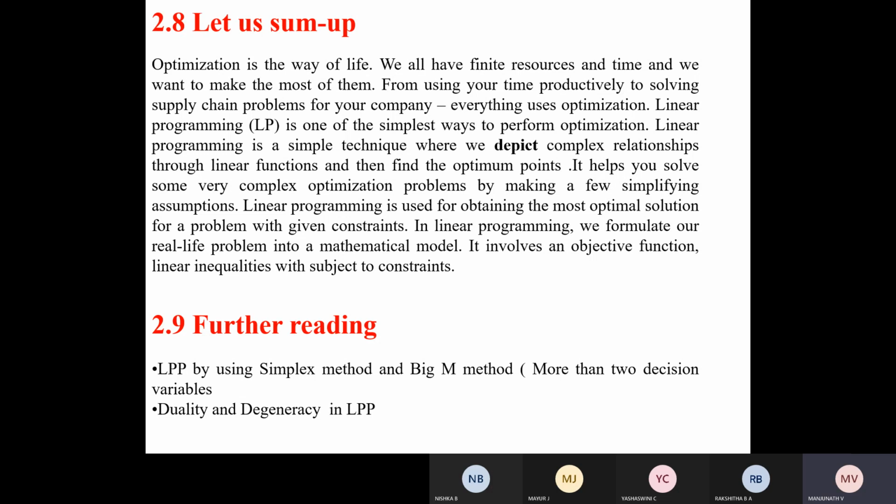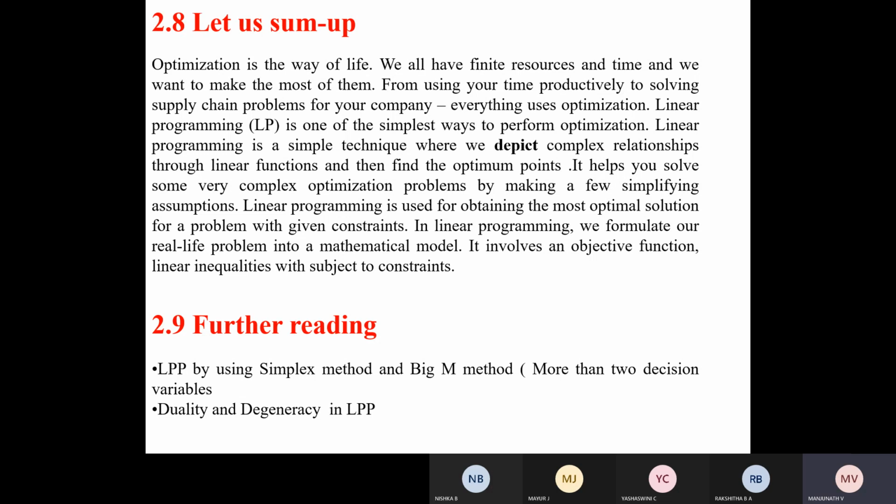That's all it teaches. But all these are subject to conditions, and even LPP helps us to understand what the conditions are, to depict complex relationships through linear functions and then find optimum points.